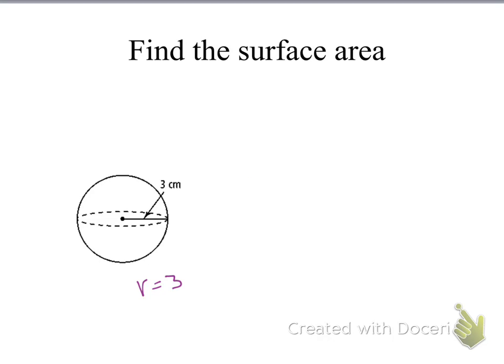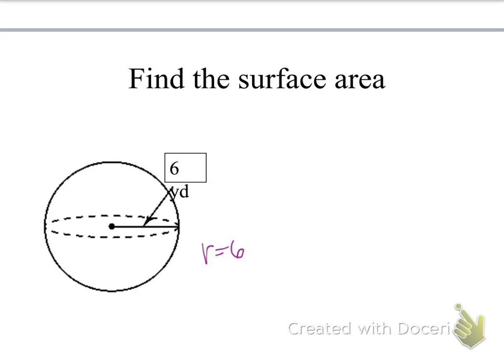Okay, radius is 3, so surface area equals 4 pi radius squared, so I get 36 pi centimeters squared. Okay, radius is 6, so surface area equals 4 pi 6 squared, so 144 pi yards squared.